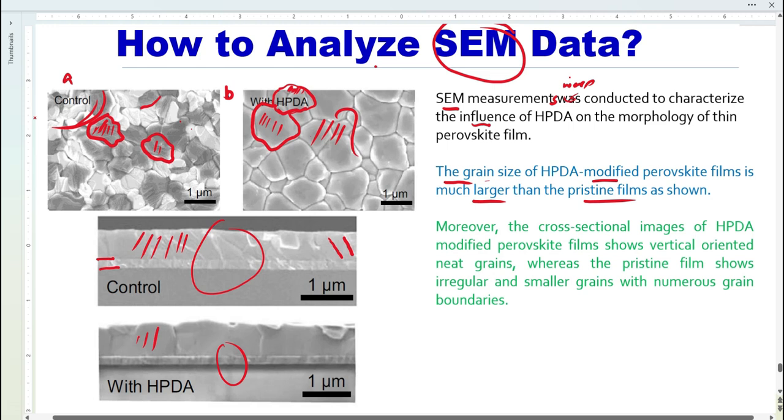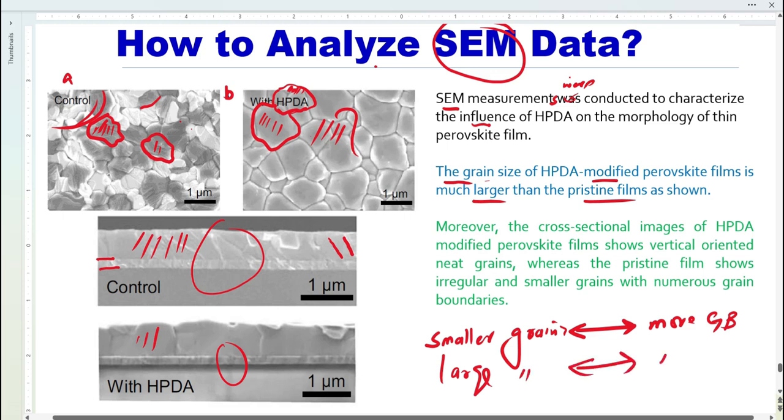When the grain sizes are smaller, the grain boundaries will be more. Smaller the grain size, more grain boundaries; this is directly related. A large grain means fewer grain boundaries. Yeah, this is very important. For example, if you have the same surface area, let's suppose this is a centimeter square or millimeter square or whatever.